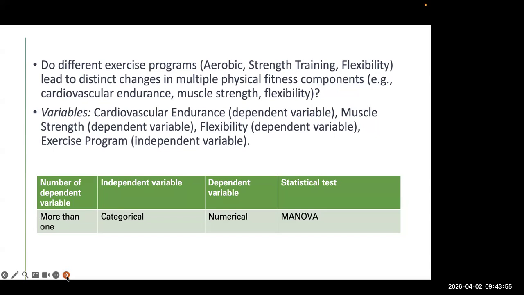You measure more than one dependent: cardiovascular endurance, muscle strength, and flexibility. Now the dependent variable is more than one compared to the previous ones that we discussed. And then you have the different programs, which are aerobic, strength training, flexibility. So in this case, your dependent is numerical but more than one, and independent is categorical, so you should use MANOVA.